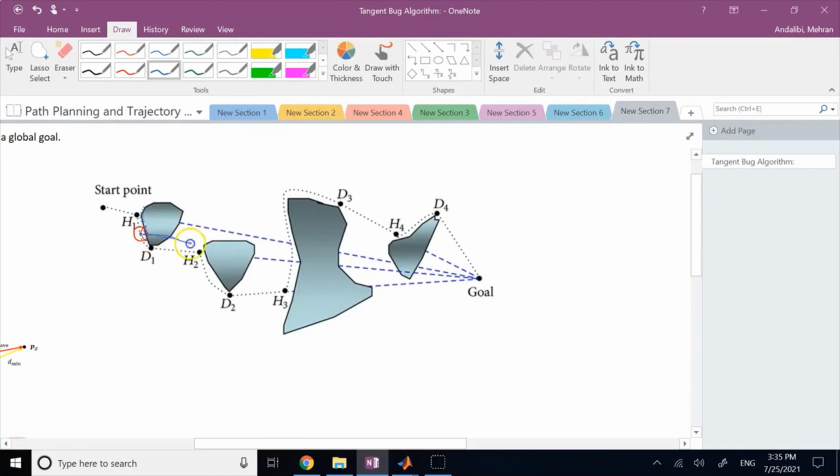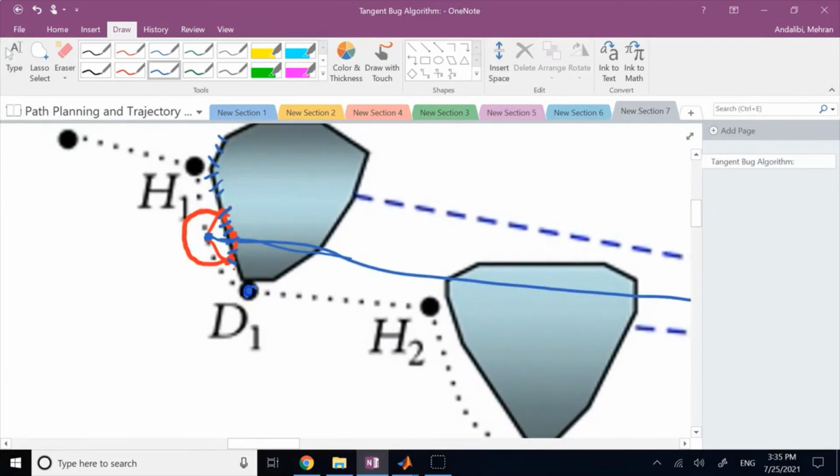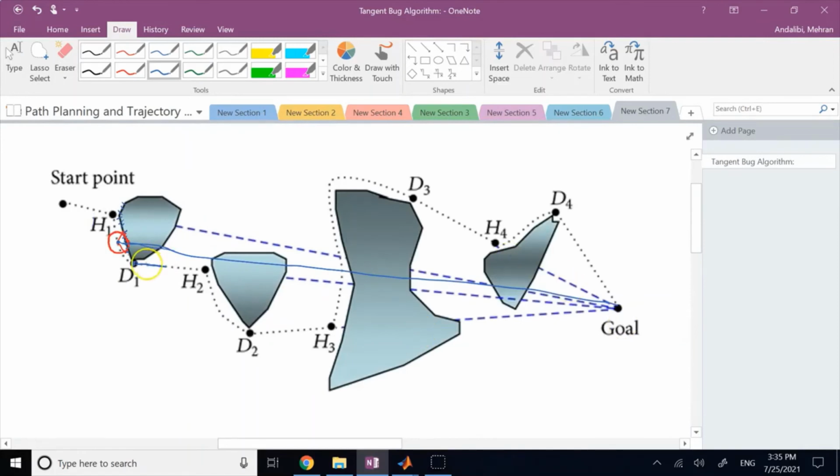This distance is calculated as D leave. D min is all of those distances, and D leave here is not going to be smaller than D min until you come here. Now, this distance from D1 all the way to the goal is smaller than anything you had so far. So now you know you have found a point that is better than anything else.